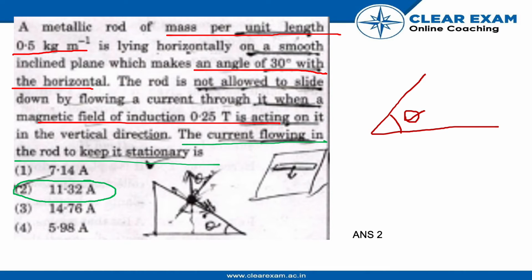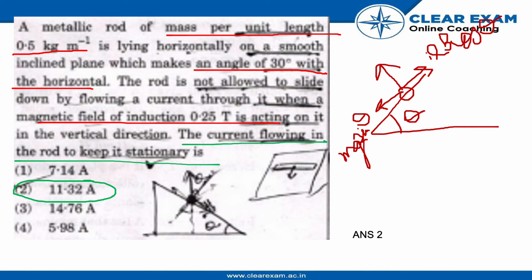Now suppose the metallic rod is somewhere here, so in this direction we will have ILB cos theta, and in this direction we will have mg sin theta, and this is our normal.